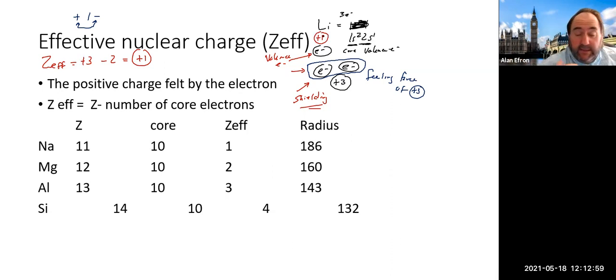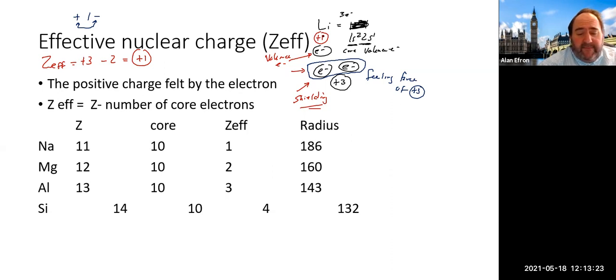It is really feeling a more +1 attraction. And that means it's not going to be held as tightly. Because it's not held as tightly, it's involved in bonding. It's able to be given away, lost, or shared, most likely lost in this case, because it's not feeling as strong a charge.